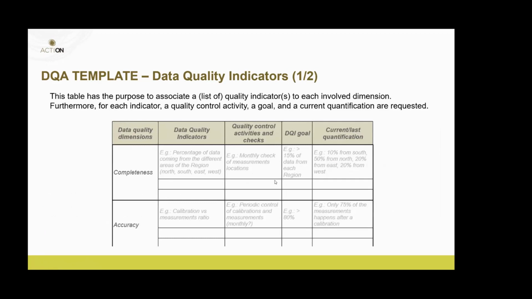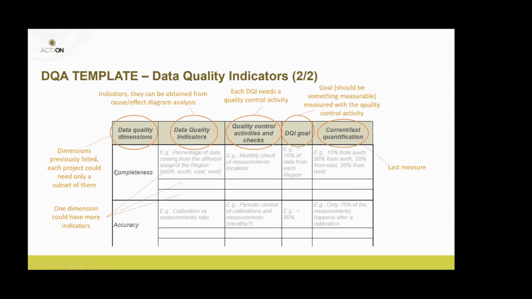When we have a first overview of the causes of low data quality in our work, then we are ready to start to produce data quality indicators. At first, to select the dimension and so on. But let's see in depth how to approach this table.